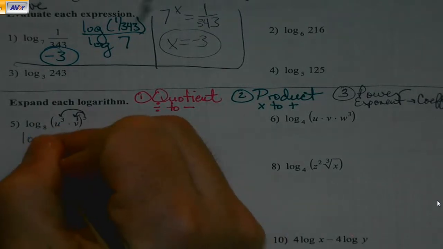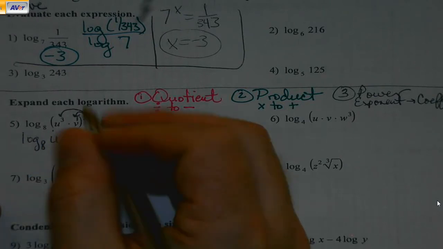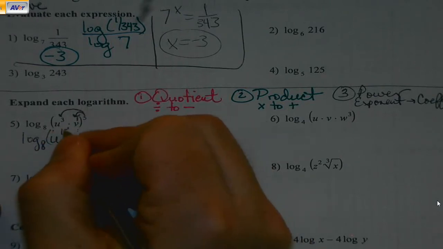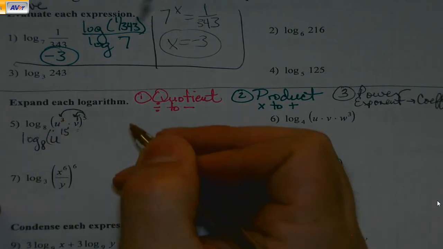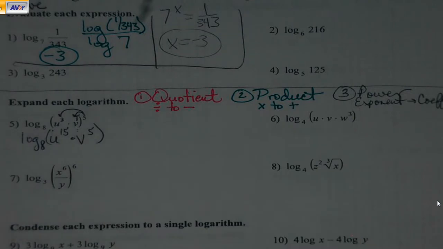So this is going to be log base 8, and I'm going to have u to the 15th, 3 times 5, power to power, and v to the 5th.